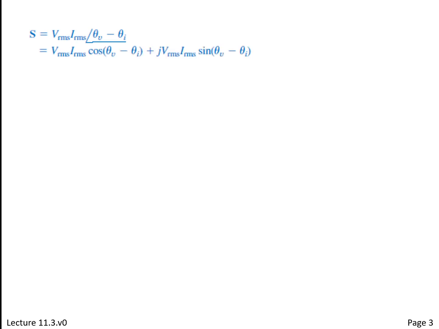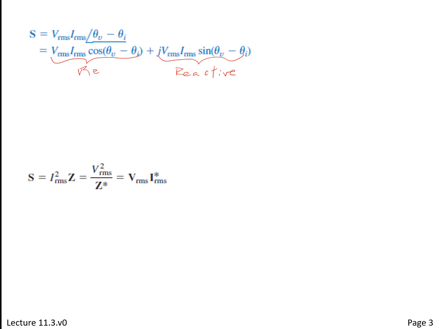So now if we stretch that out, here's the full representation. I did this with the vector picture, right, where we had VRMS times the cosine, that's the real part, the real projection. And here's the, we're now going to call it reactive, right? Those are the terms that are going to get used here.